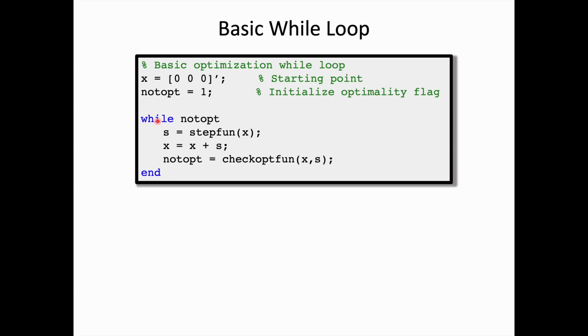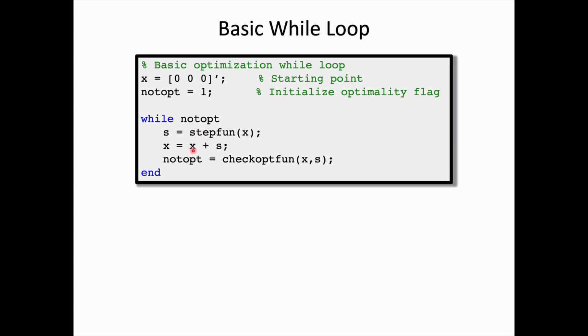Here we have the while loop. While this condition is true, so while we are not optimum, keep iterating. Suppose we have some step function, a function that takes our value of x, the value of x at the current iteration, inputs it into some function that calculates what the step vector is, and it outputs s. And then we do this vector addition.